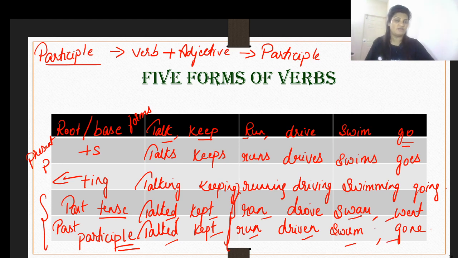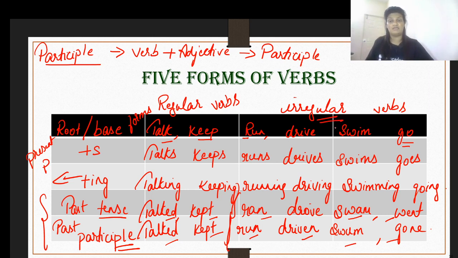So this gives us the understanding that there are verbs which take a different past tense and a different past participle. Therefore, this categorizes under regular and irregular verbs. When the past tense and the past participle are similar, you call them regular verbs. When the past tense and the past participles are different, then you call them irregular verbs.